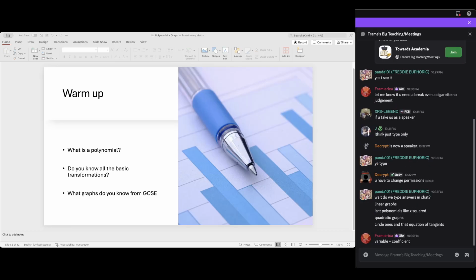For example, 2x: 2 is the coefficient and x is the variable, and you have a polynomial. And you just use PEMDAS, you don't use anything else. So that's a polynomial for short. And you have word problems and all that stuff.